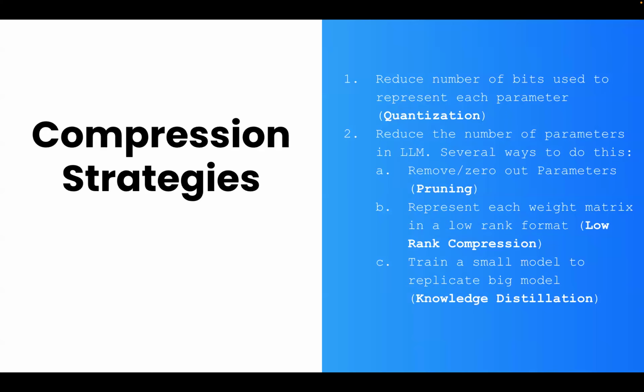And we can also train a smaller model to replicate the behavior of a larger model. This is known as knowledge distillation. For this talk, I'm going to focus on few to zero shot compression, so without having to do complicated retraining for the most part. I'm going to ignore knowledge distillation, also because I don't have enough time to write the slides for that.